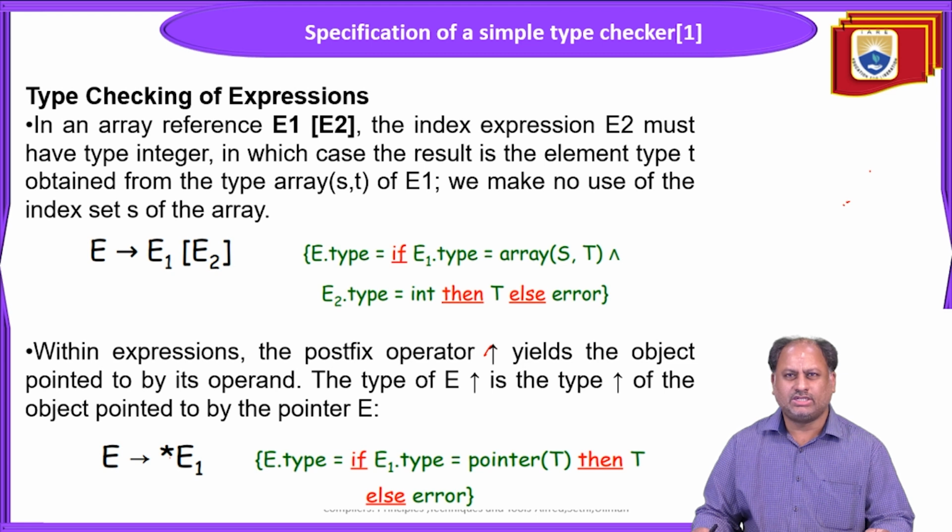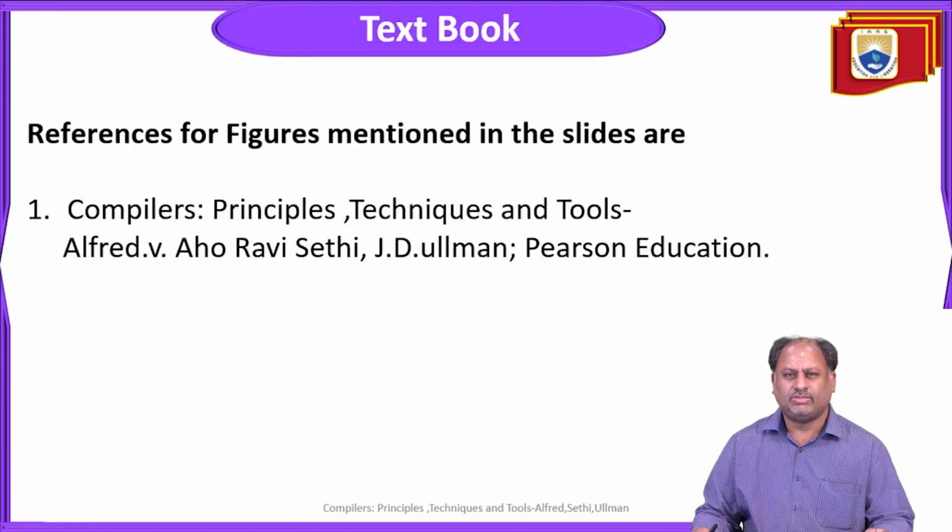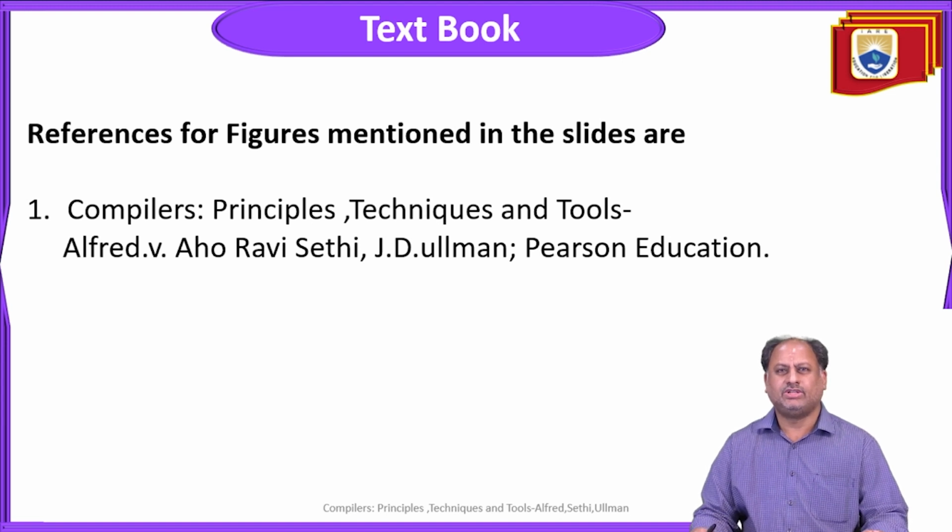Left hand side and right hand side are both to be evaluated with the corresponding expected match type. Then it returns the type, else it returns an error notation. So this is the main concept related to the type checking process involved in statements, expressions, and functions. All the contents are available from the book Compilers: Principles, Techniques, and Tools, written by three authors, Aho, Sethi, and Ullman.